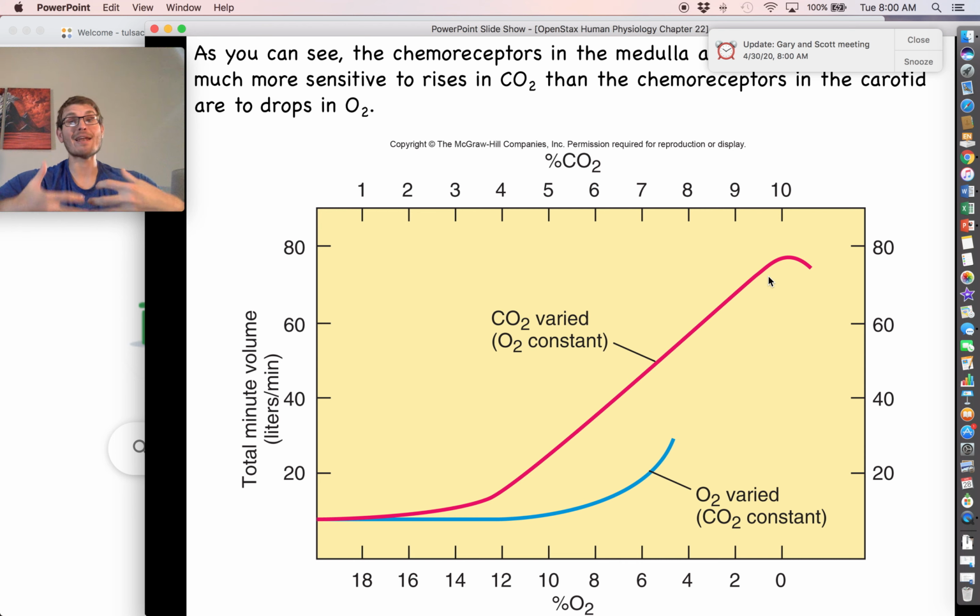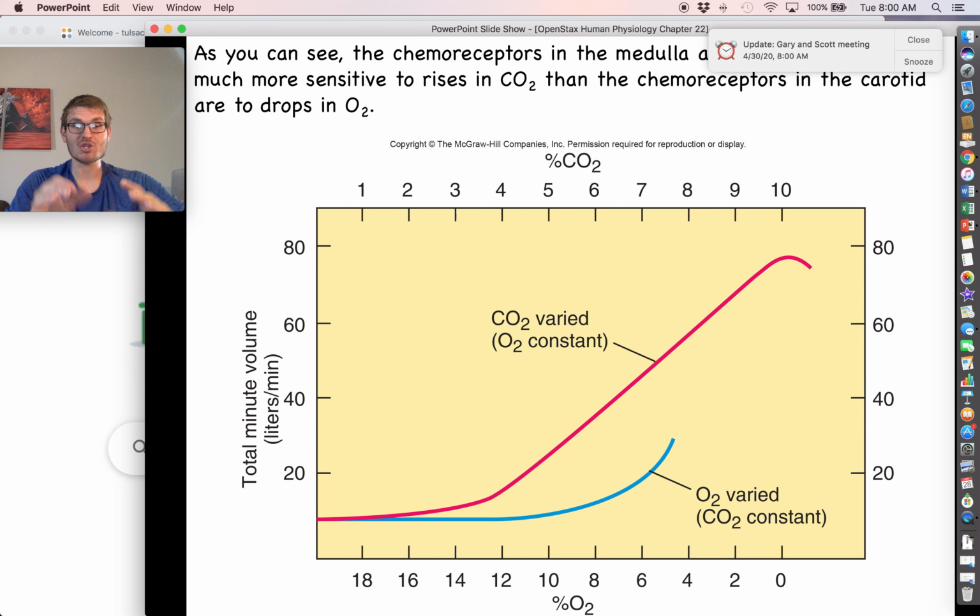Our minute volume starts to go up and up. But on the other hand, if we keep carbon dioxide normal at about 40 millimeters mercury, but we start decreasing the oxygen content, you'll see that it takes quite a while for the minute volume to start going up.